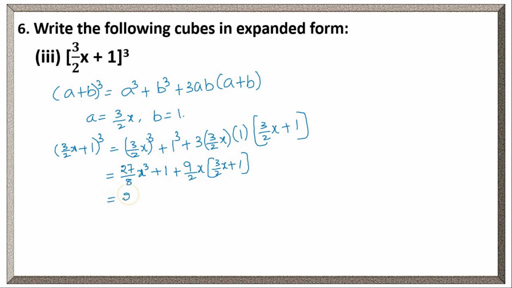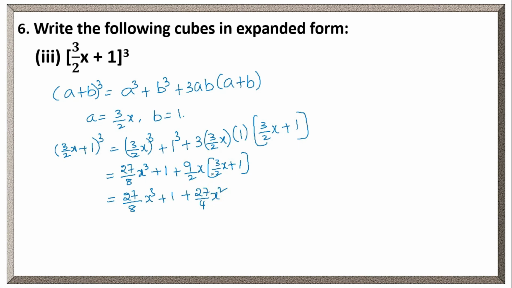Clear? So, first two terms as it is, plus 1 plus, if I multiply the 9 by 2x into this whole binomial, 9 by 2x into 3 by 2x, 27 by 4, 9 into 3, 27, 2 into 2, 4, x into x, x square.